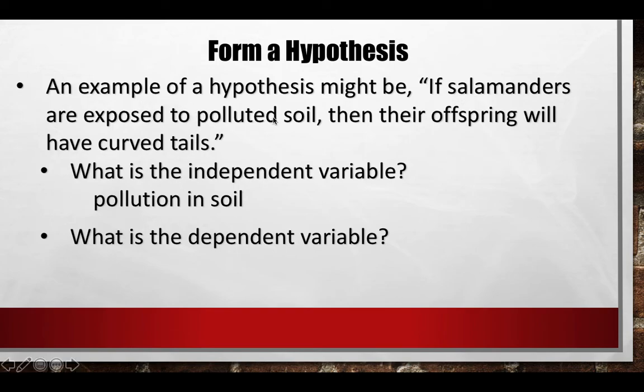Now, what do we think will change as a result of the polluted soil? I want you to stop for a second, and I want you to write out, looking at the hypothesis, what the scientist thinks will change if we add pollution to the soil.